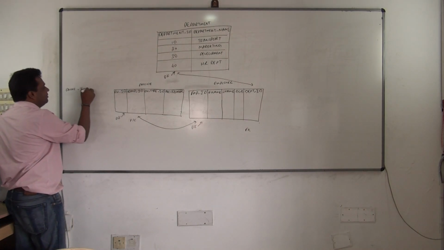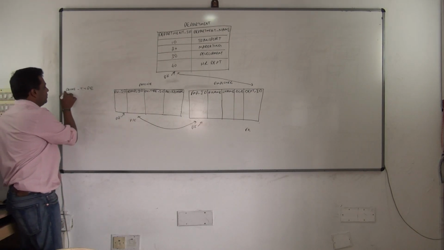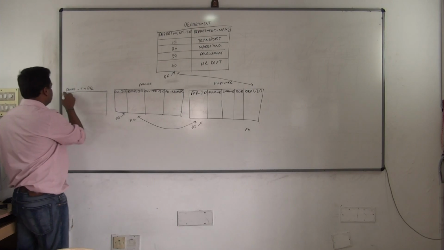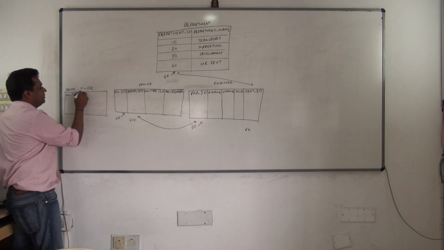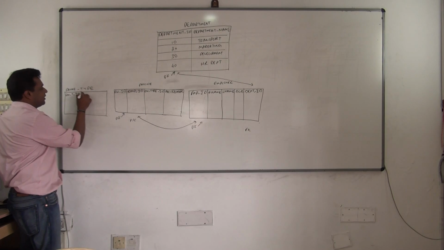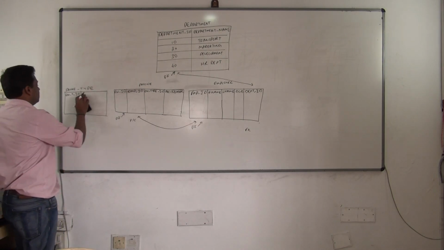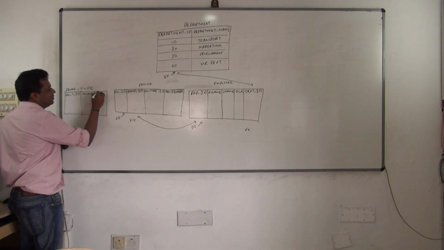Phone underscore type is one more new table I'll be having today. The primary key for this will be phone underscore type underscore ID. And one more column, phone underscore type.